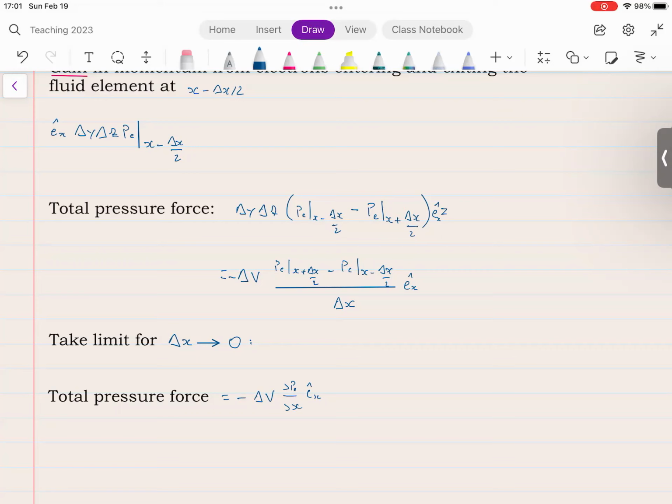And then I realize that there wasn't anything special about the x direction, just the one that was convenient. For that reason, I can repeat the calculation in the y and z directions, and it's going to be identical.